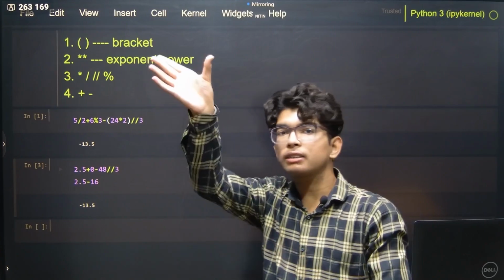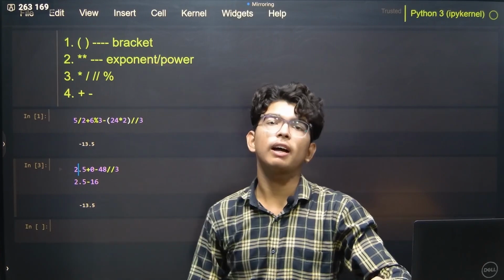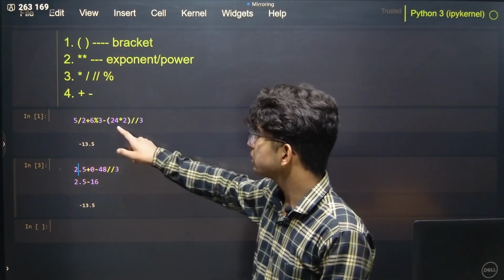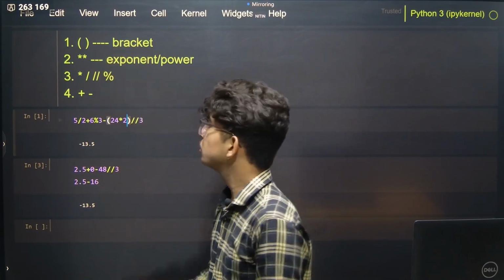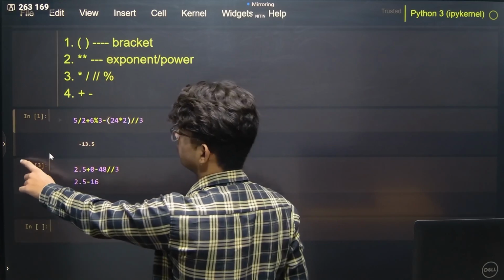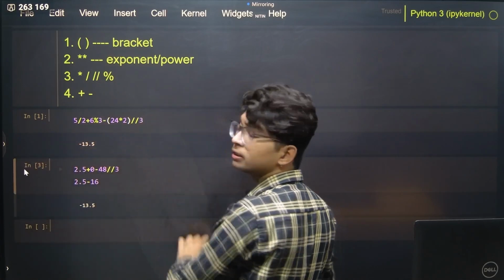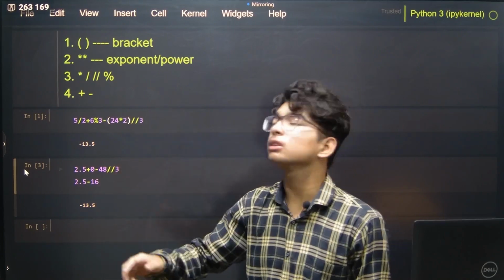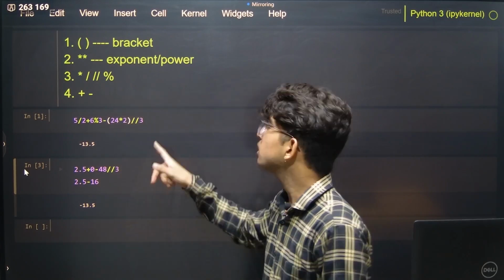The equation is simply broken down into its levels using the precedence rule. First 24 into 2, we got 48, right? This got done. Other things are also done, which are multiplication, modulus, and the floor division is not computed in the second line because in the first line we have to do this, and after that it will be computed here.